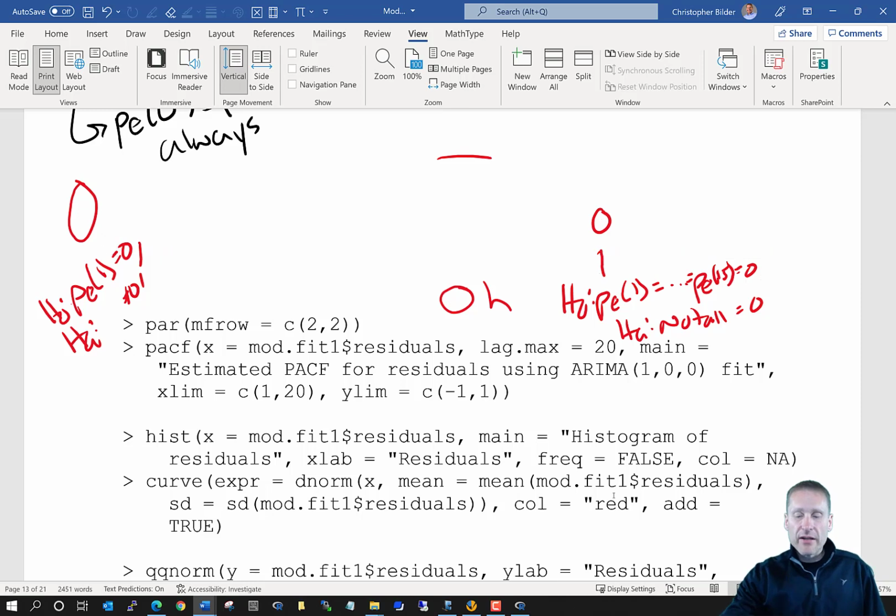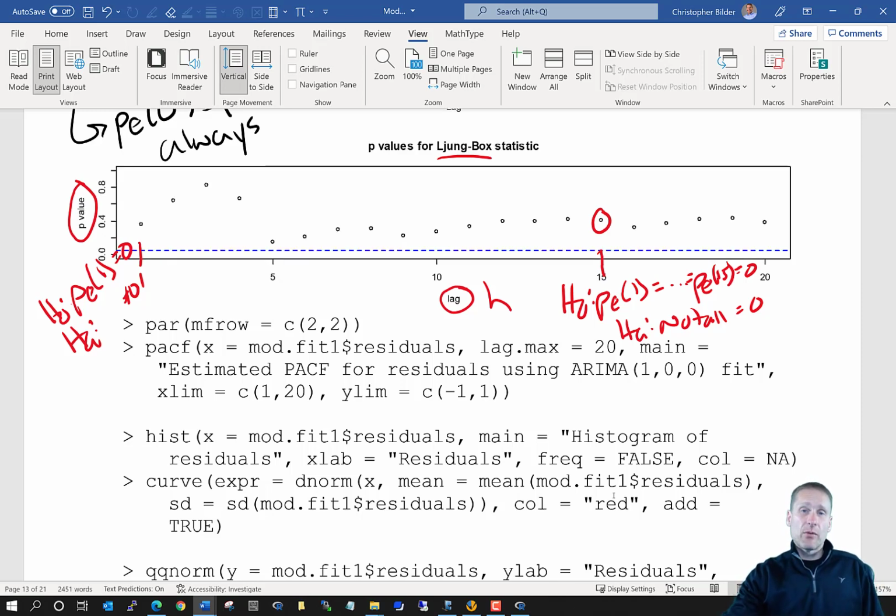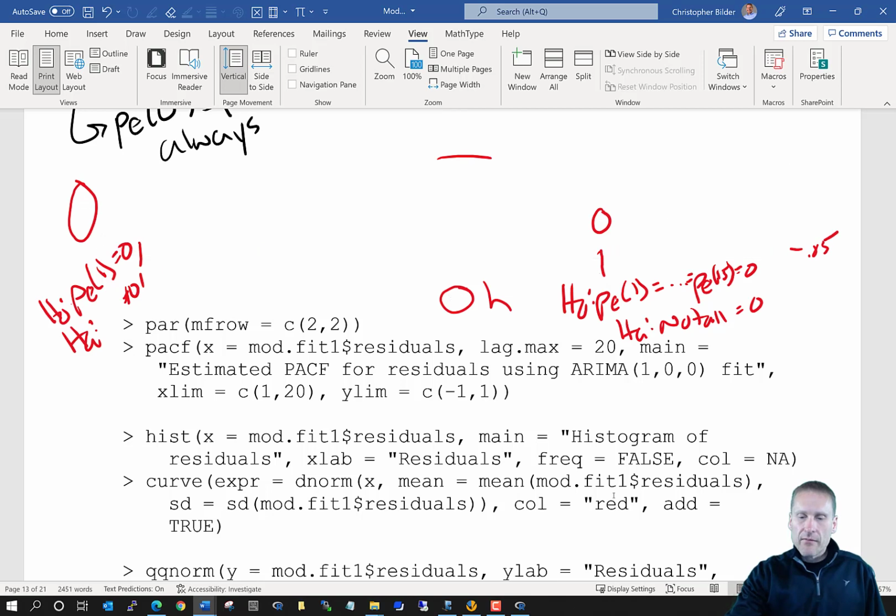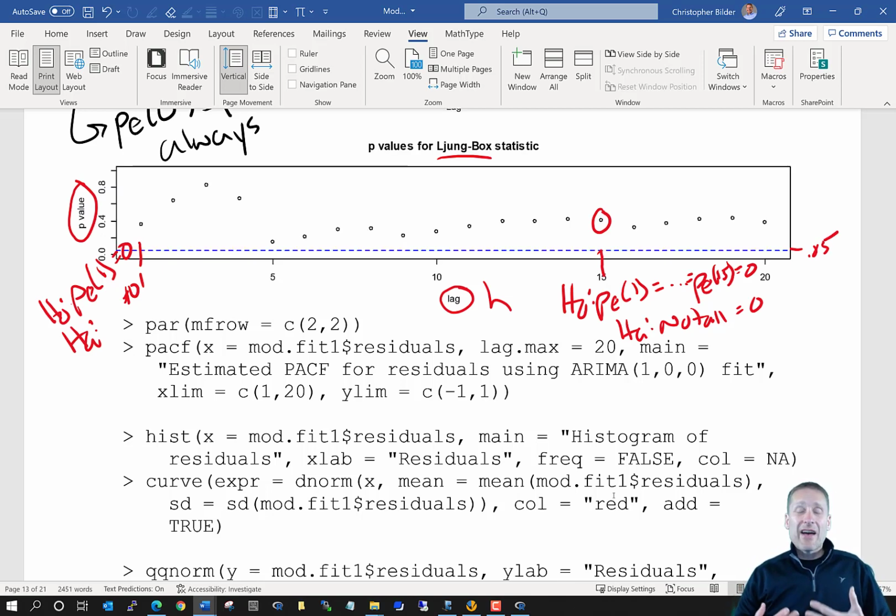We have a p-value again of approximately 0.4, and again that's what we want for this particular model. This line is also drawn at 0.05. Overall we don't have any small p-values going all the way up to lag 20. This is what we want to have happen if we want to use this particular model.